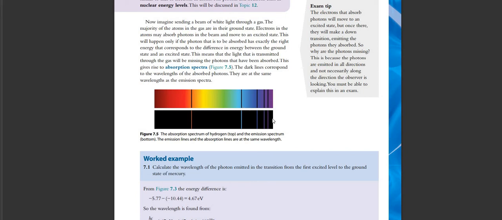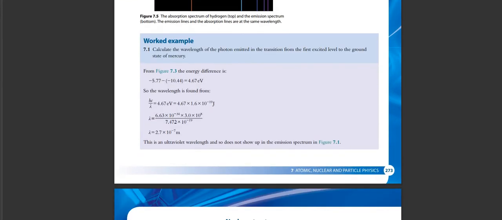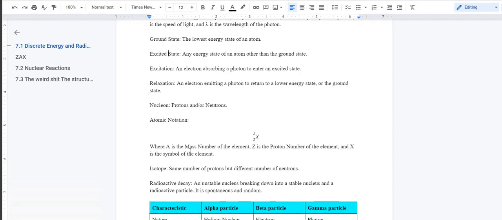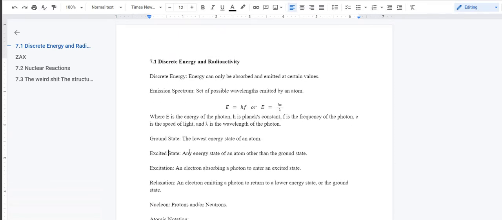So it gives you this with black spots, like the dark lines. And that's essentially it for the discrete energy part of the chapter. Now moving on to radioactivity.